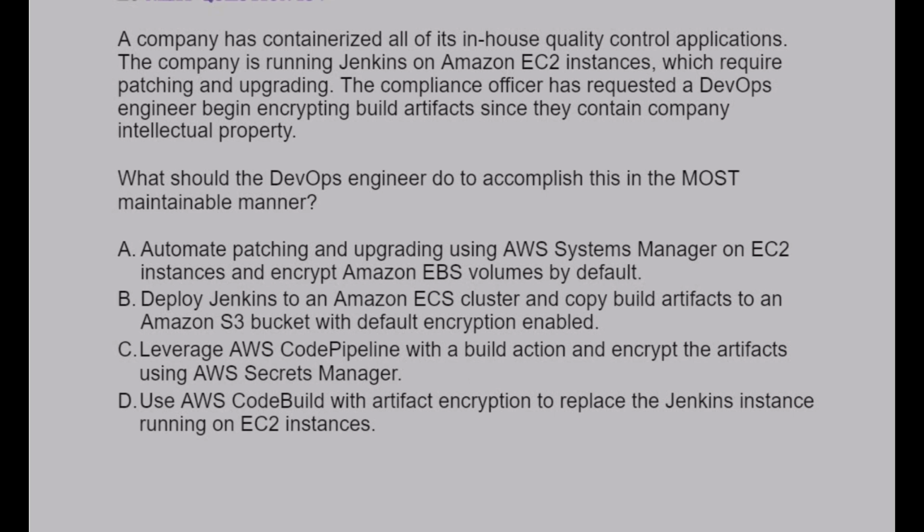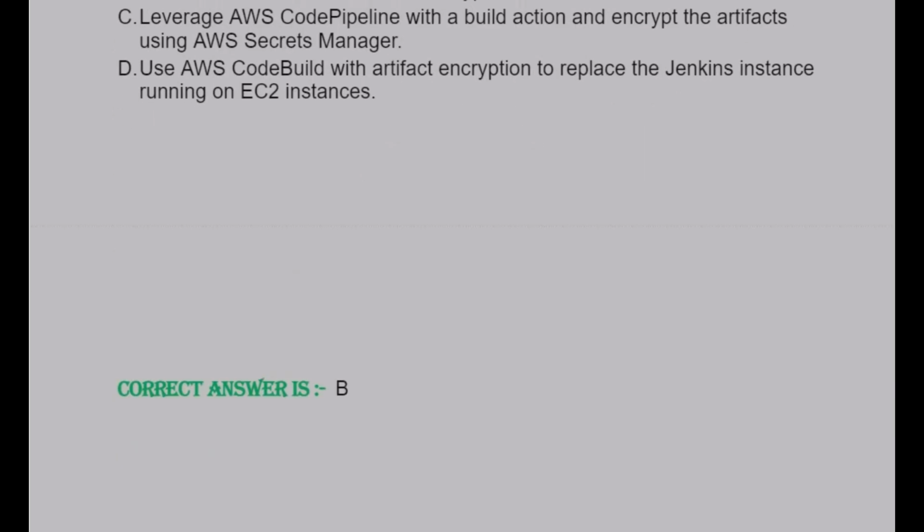Option C. Leverage AWS CodePipeline with a build action and encrypt the artifacts using AWS Secrets Manager. Option D. Use AWS CodeBuild with artifact encryption to replace the Jenkins instance running on EC2 instances. Correct answer is option B.